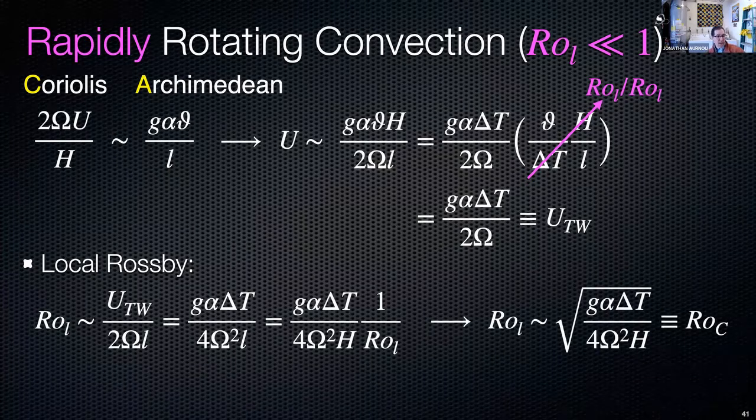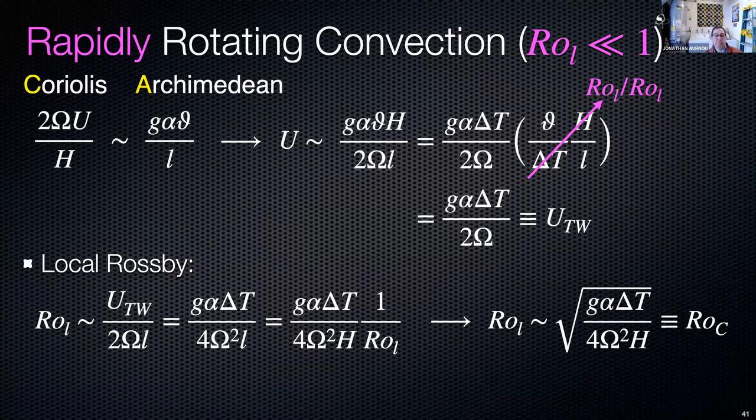And then you can see we have 1 over L on the right-hand side and ROL on the left-hand side. I'll cross multiply and take the square root. And you see that ROL is then the square root of G alpha delta T over 4 omega squared H. That's the convective Rossby number again.